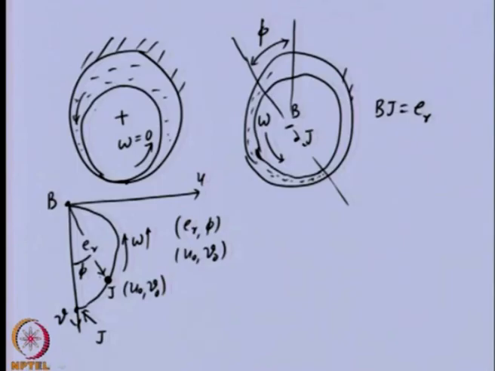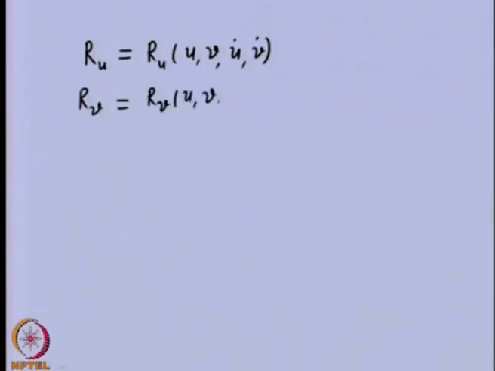So, now let us analyze those here. The fluid film which is giving a reaction force onto the journal is Ru in the horizontal direction, and this reaction force is a function of the position of the journal and the instantaneous velocity also. The fluid force in the vertical direction also is a function of this quantity.